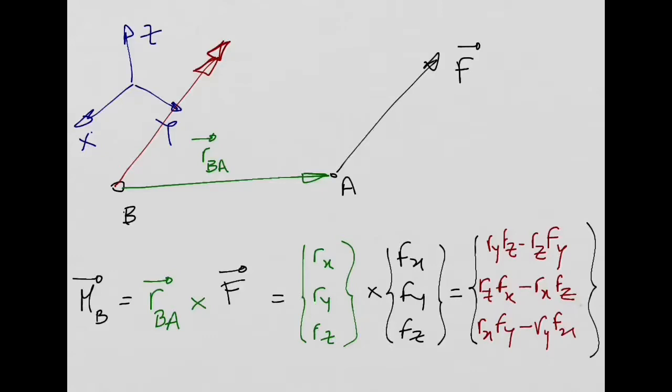Okay, so if we focus on 2D, for example, imagine I'm doing a two-dimensional problem now, 2D. So I have a force like this one. Let's consider a very simple case where I have a vertical force F. Okay?